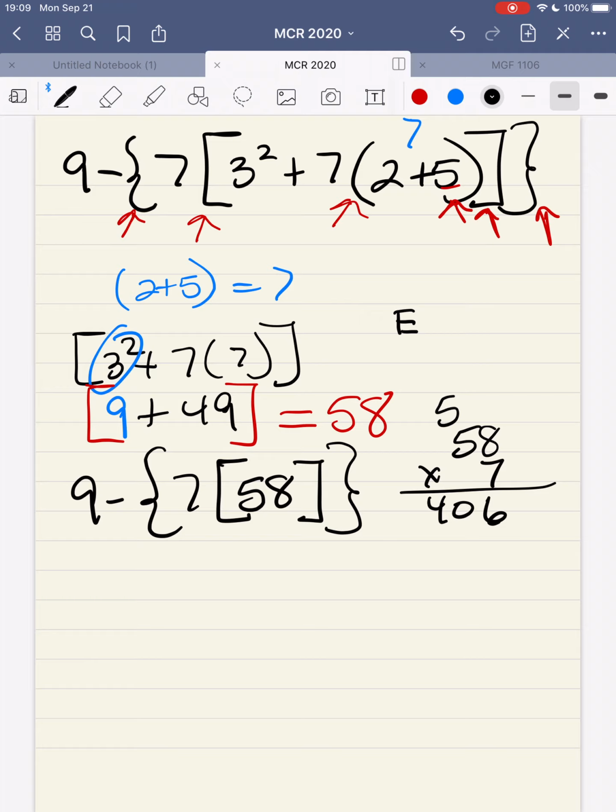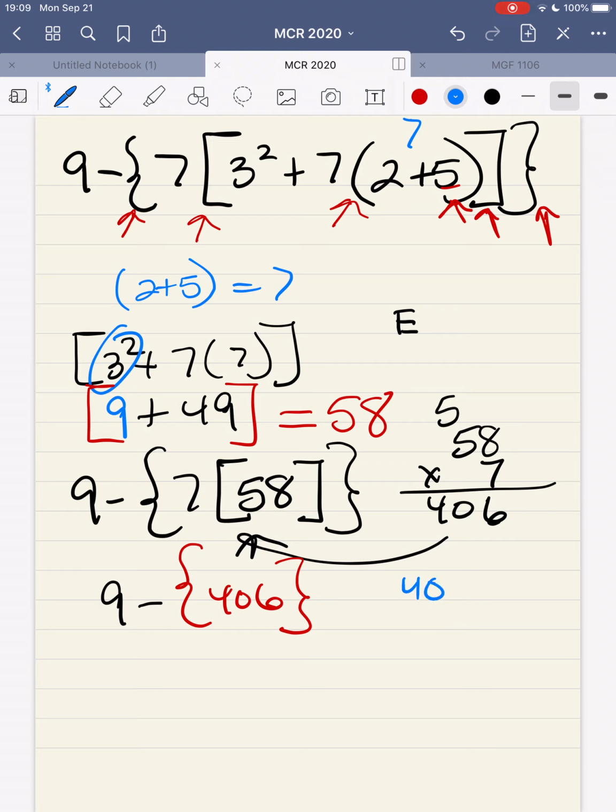Okay? And putting it back into our problem here, we have 9 minus our braces, 406. Which means we have opposite signs. We're treating it like integers, so we have 406 minus 9. We have to do that whole borrow and carry thing.